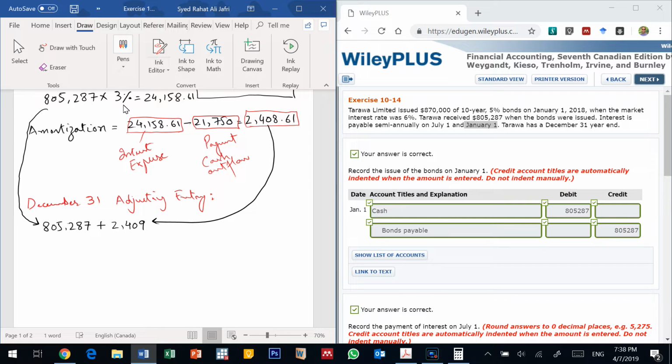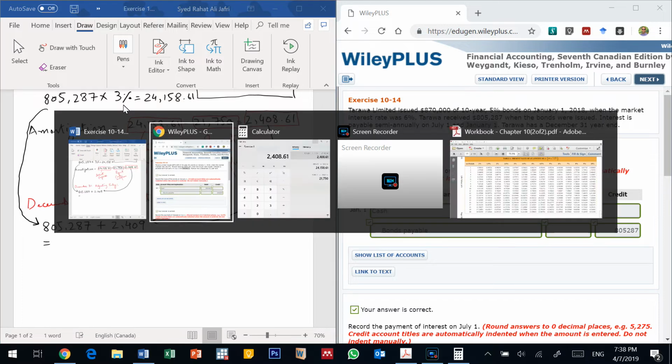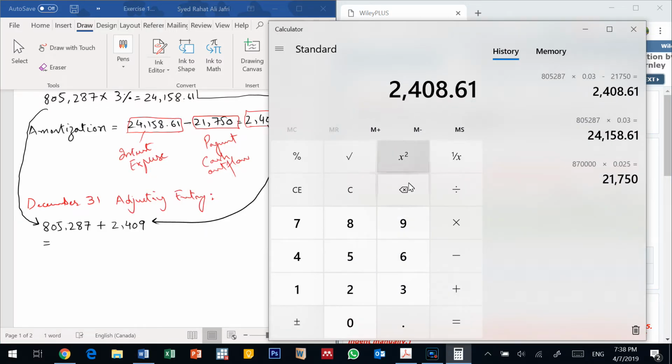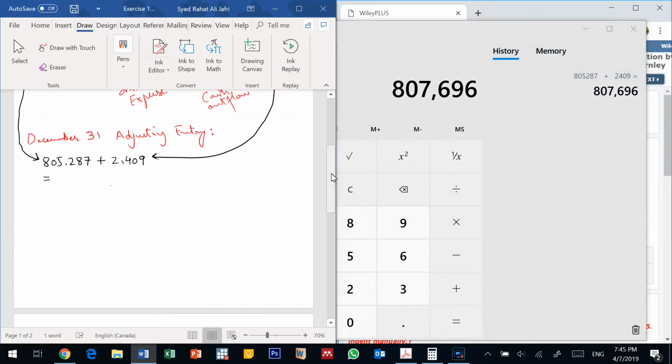This is the carrying value. If I add these two numbers, let's see what it is. 805,287 plus 2,409. So the updated carrying value is 807,696.